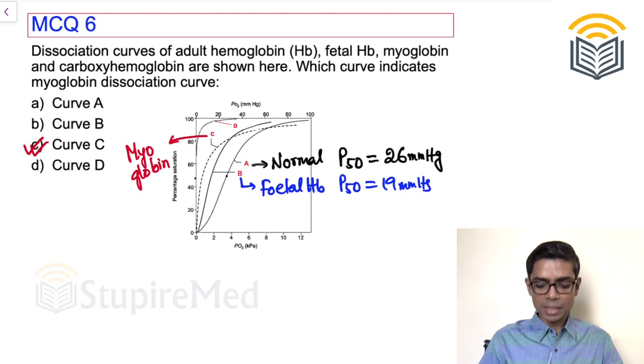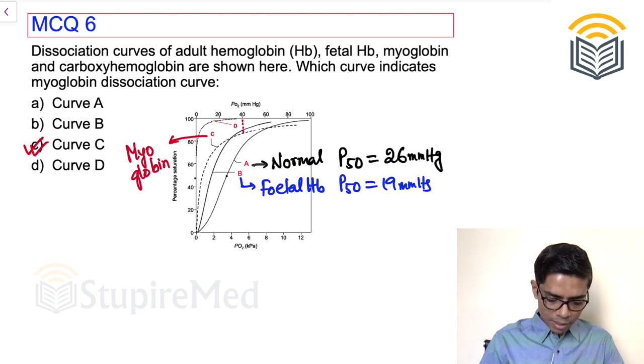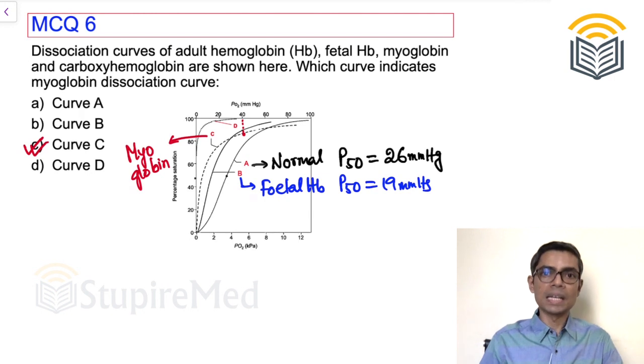If you ask how to identify it, look at the saturation. At 40 millimeter of mercury, the saturation of myoglobin is more than 80%. But what is the normal saturation at 40 millimeter of mercury partial pressure of oxygen in adult hemoglobin? That is nothing but 75%.